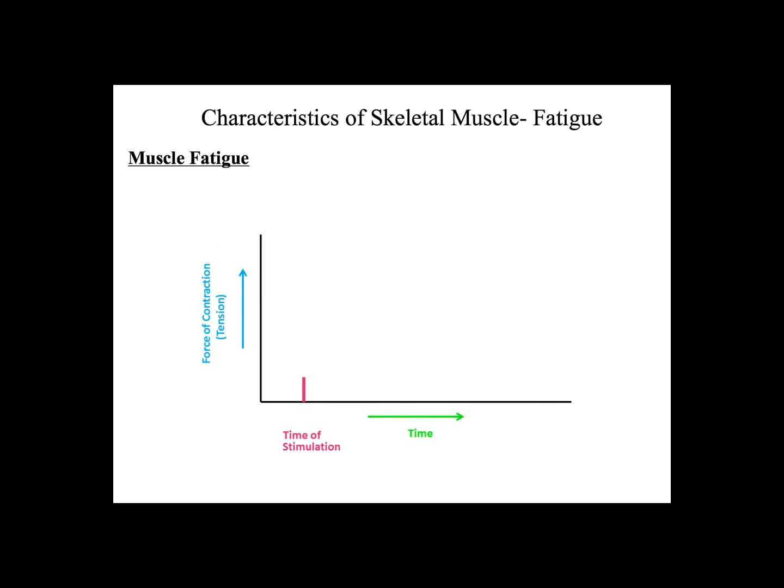During a muscle contraction, whether it's increasing the frequency of the stimulus or increasing the strength of the stimulus, at some point in time, the muscle is going to reach its maximum strength for contraction. We call this tetanus. By definition, tetanus is the maximum force of a sustained contraction with no relaxation period. At some point in time, the muscle contraction will rapidly decrease.